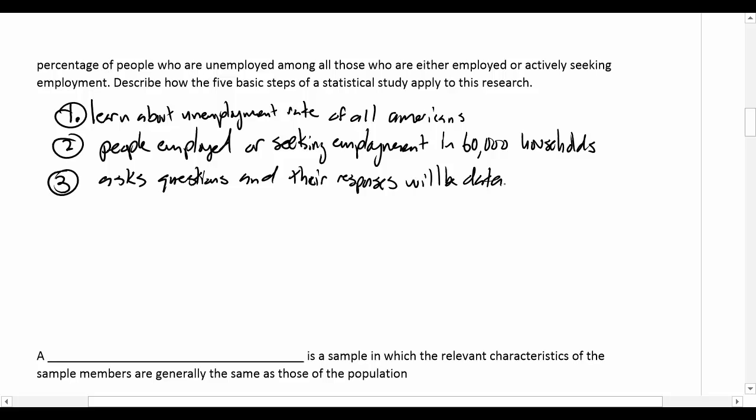Okay, number 4 is use the sample statistics to infer population parameters. So based on the sample, they'll make an estimate of the unemployment rate of the population.